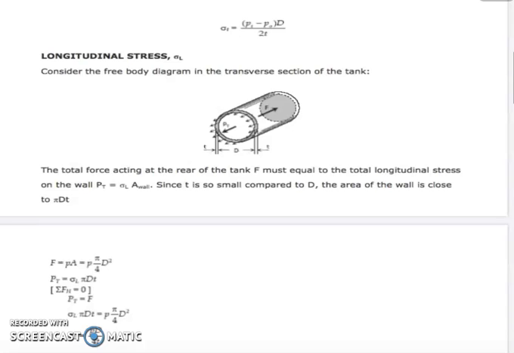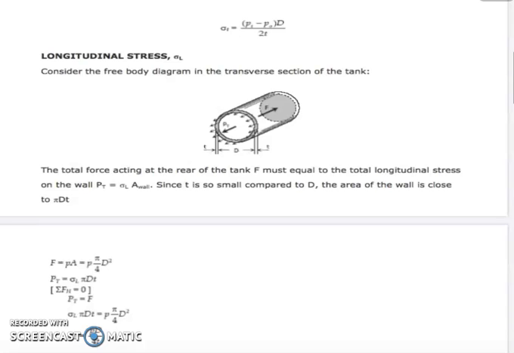And our longitudinal force, P sub T, is equal to stress on the wall times pi times D times T. Therefore, if we have summation of forces horizontal equal to 0, we have P sub T is equal to F. If we substitute the value for P sub T, which is longitudinal stress times pi times D times T, it is equal to pressure times pi D squared all over 4.